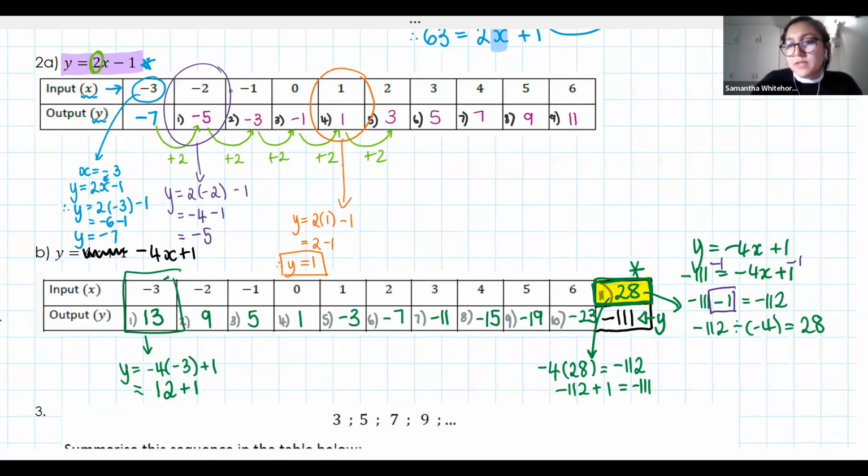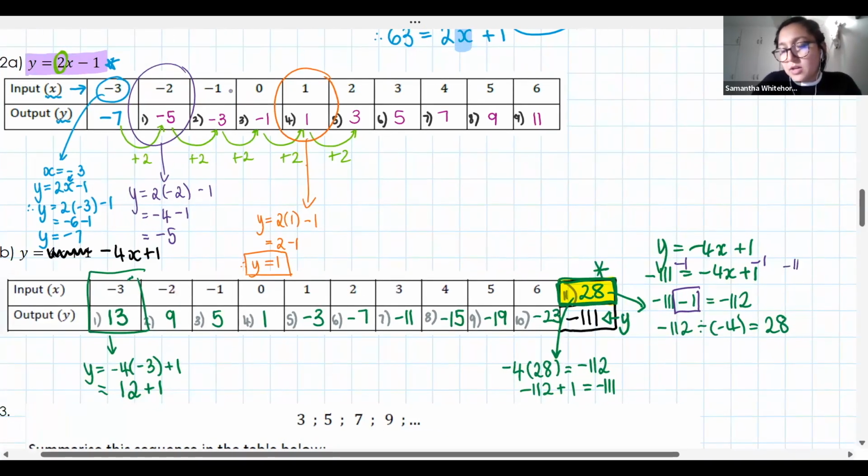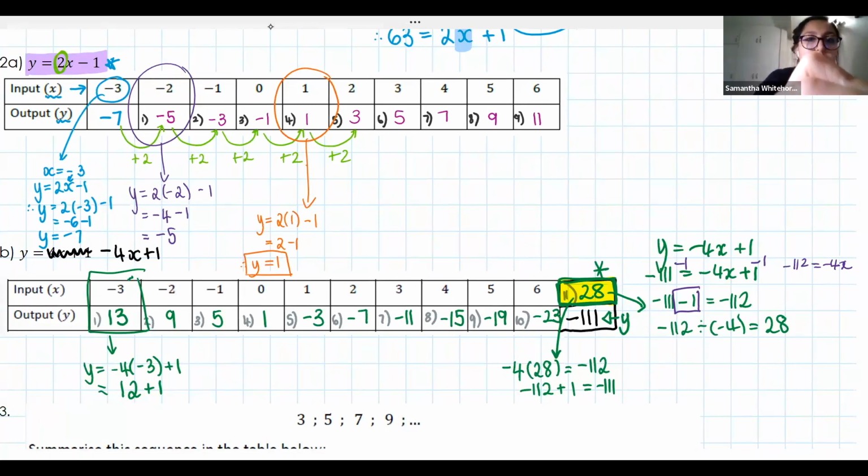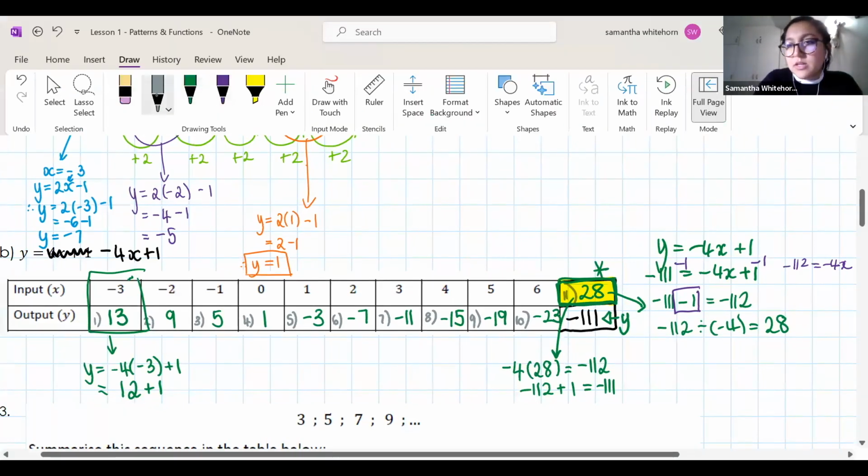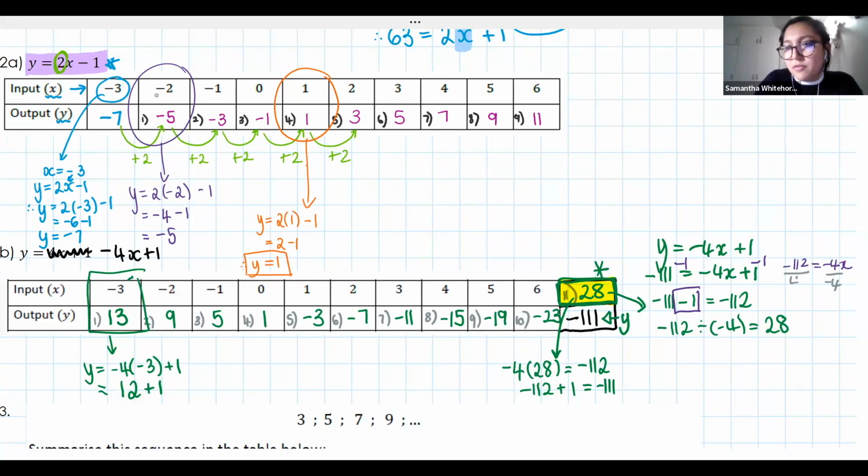Once we've done that, we would have negative 112 is equal to negative 4x. Again, our inverse operations tell us that we need to divide both sides by negative 4. Using those inverse operations, like we said in the last example, we're able to find any input value as long as we've got the output value.